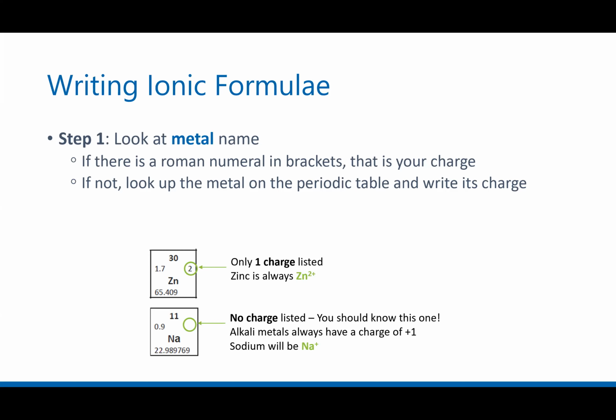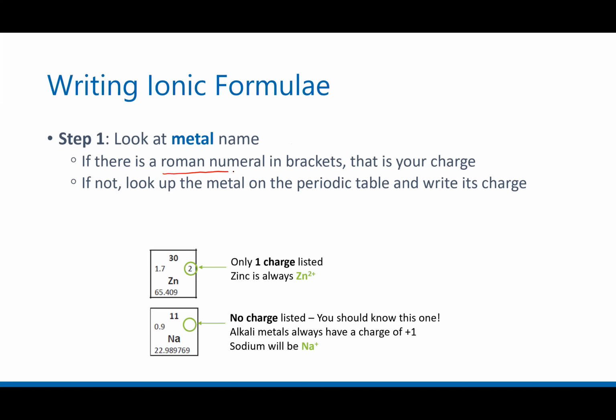Step number 1. Look at the name of the metal. So this would be the name on the left. Now, if there are Roman numerals in that name, that is your charge. So Roman numerals, you really only need to know the first 5. So I is 1, II is 2, III is 3.